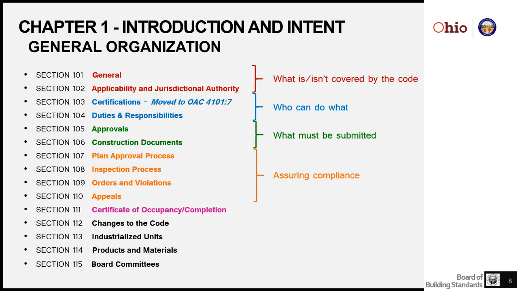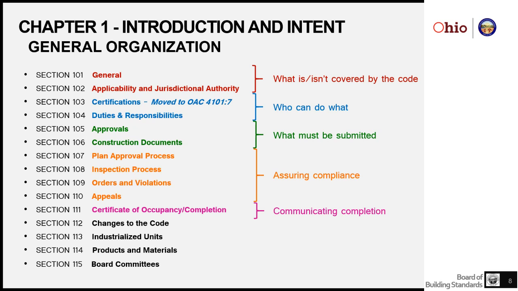The next section is about certificate of occupancy and certificate of completion. So with an approval, the owner is asking for permission to construct something, alter something, change the use of something. In section 111, certificate of occupancy or completion is about communicating to the owner that they have completed that process and they are able to lawfully occupy their building.